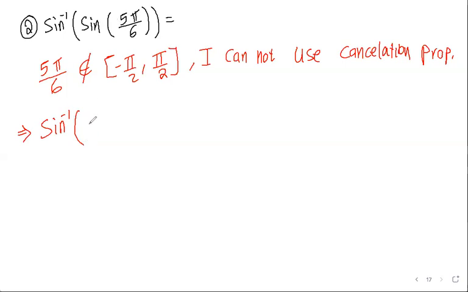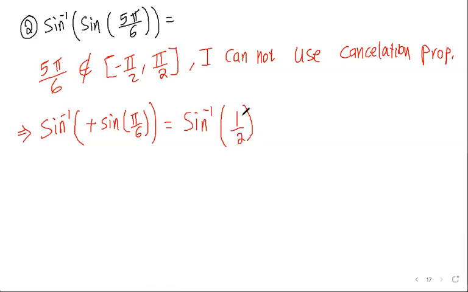So it would be positive sine pi over 6, and this is equal to sine inverse of, what is sine pi over 6? 1/2.